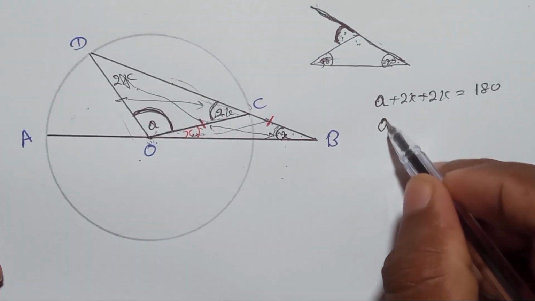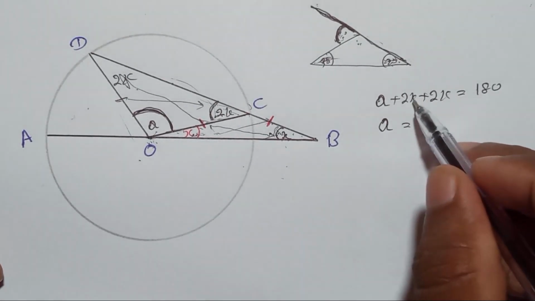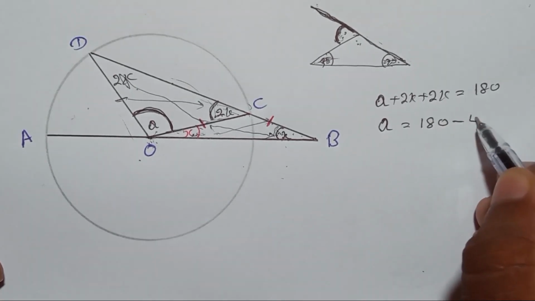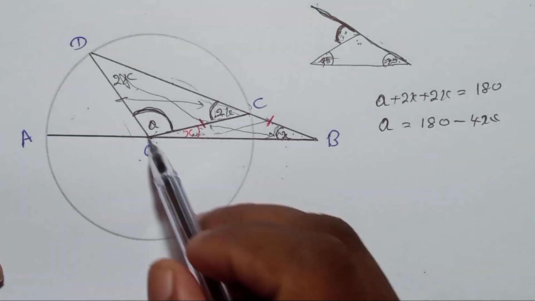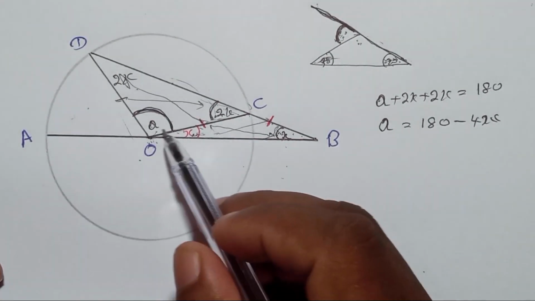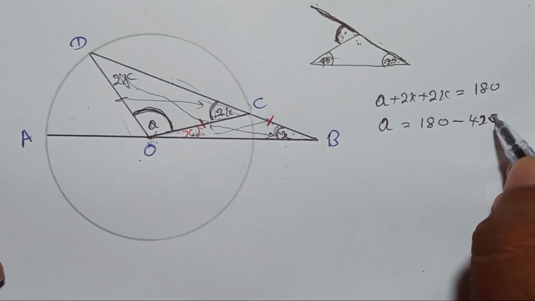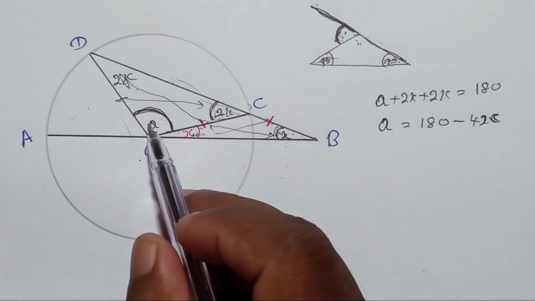So here I need to get a. So I bring this 2x plus 2x, that means 4x, to the other side, so here it will be minus 4x. Now I got a in terms of x, right? a means 180 minus 4x. This angle will be 180 minus 4x.